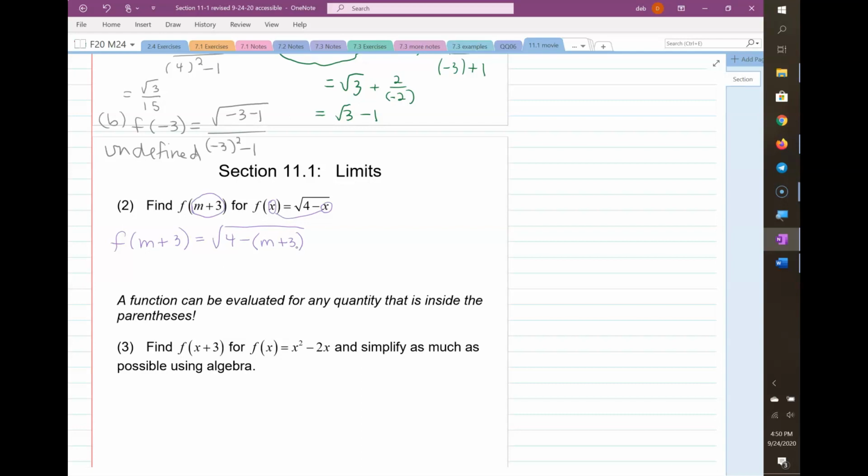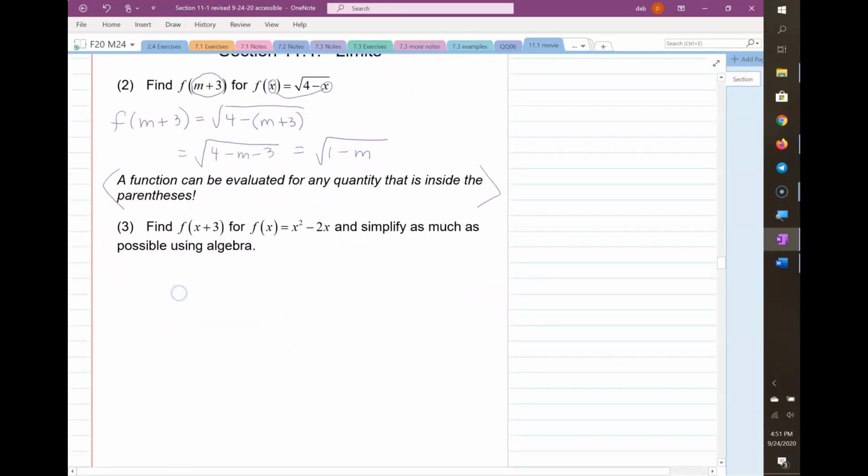It says do 4 minus whatever's in the parentheses and then do the square root of that. Well, you should simplify this because this is 4 minus m minus 3 in a square root. So 1 minus m. And that's your result. So a function can be evaluated for any quantity that's inside the parentheses. And we're going to do quite a bit of that. So hopefully it will just all start coming back to you of how that works.